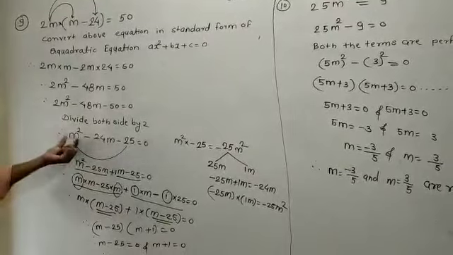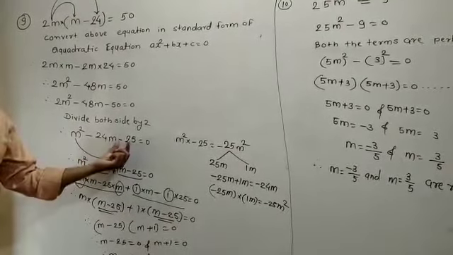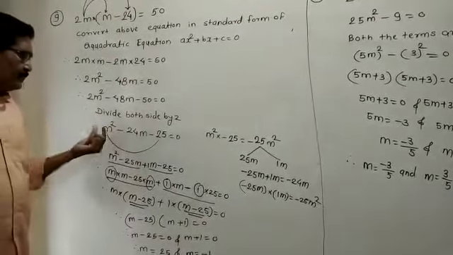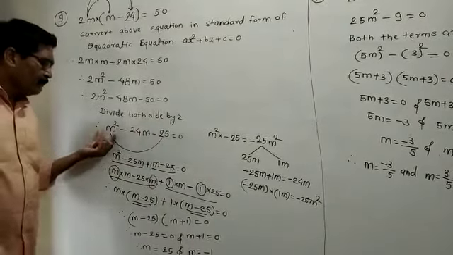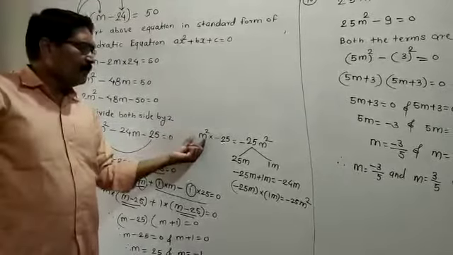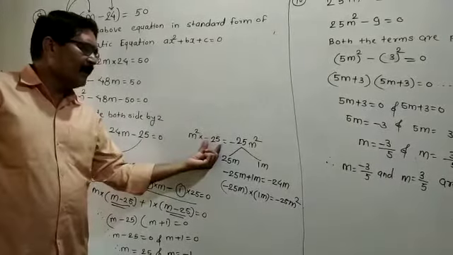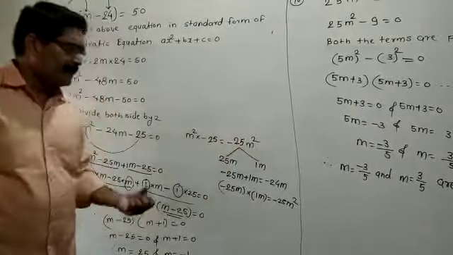This is the first term, this is the middle term, this is the last term. You have to utilize that first term multiplied by last term. So first term multiplied by last term is equal to m square multiplied by minus 25, which is equal to minus 25m square.